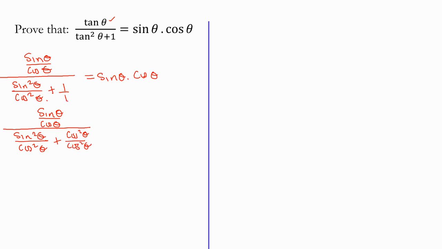So we know that our LCD is cos squared theta. So we multiply the denominator by cos squared theta. We multiply the numerator by cos squared theta. This is equal to sine theta times cos theta.